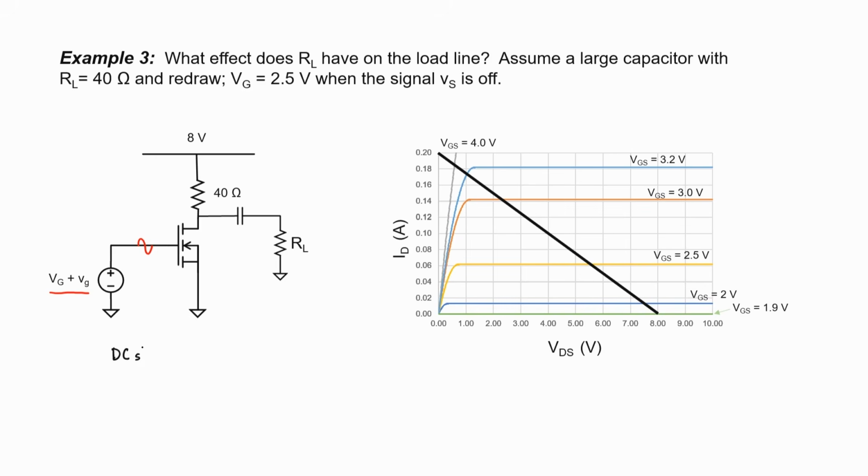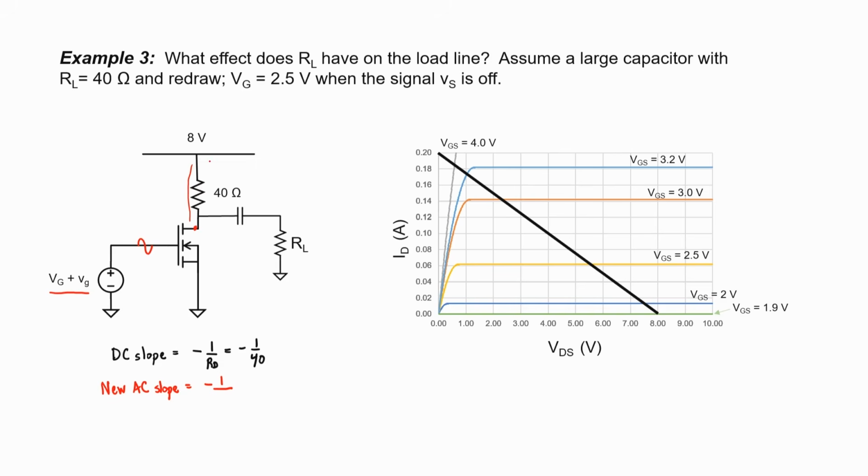The slope of our DC curve is just minus 1 over RD. That's minus 1 over 40. However, now we're going to have 2 resistors that can only be seen by the AC component. From the perspective of the AC signal, there's 2 resistors attached to the drain of that MOSFET.